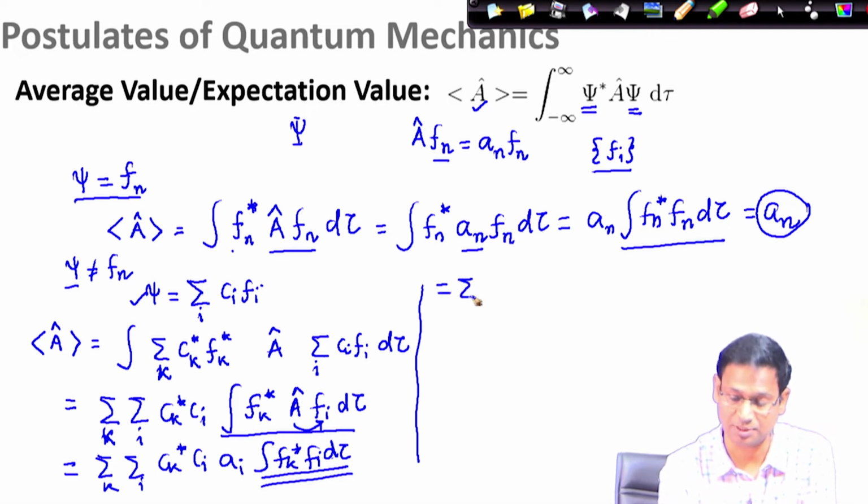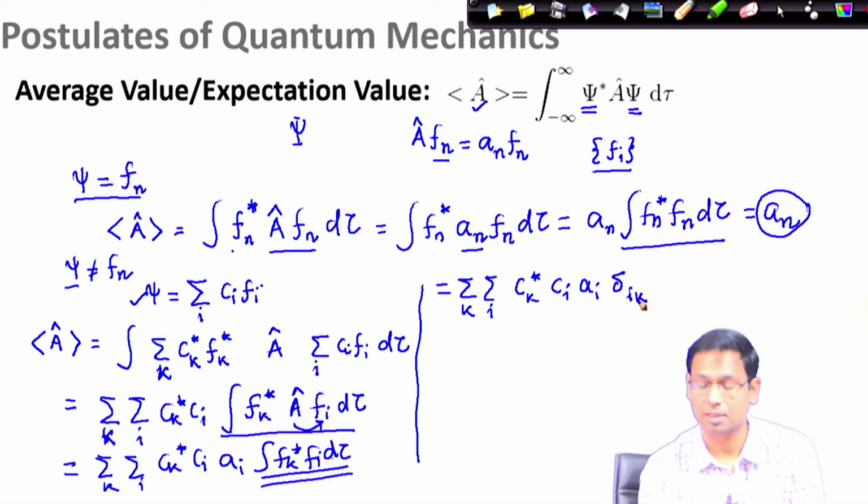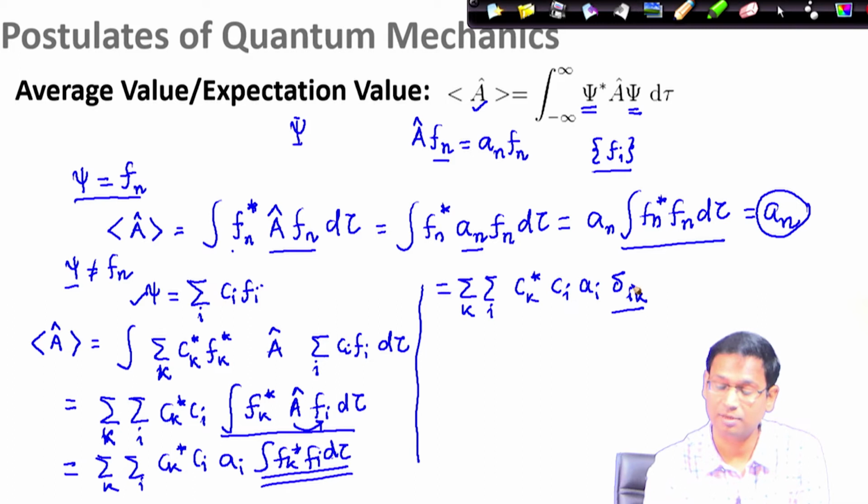I continue my discussion here. So, I have the sum over k and I of C k star C I A I delta I k. If you remember this Kronecker delta, when I is equal to k, the value is 1. For all other possibilities, when I is not equal to k, this is 0.